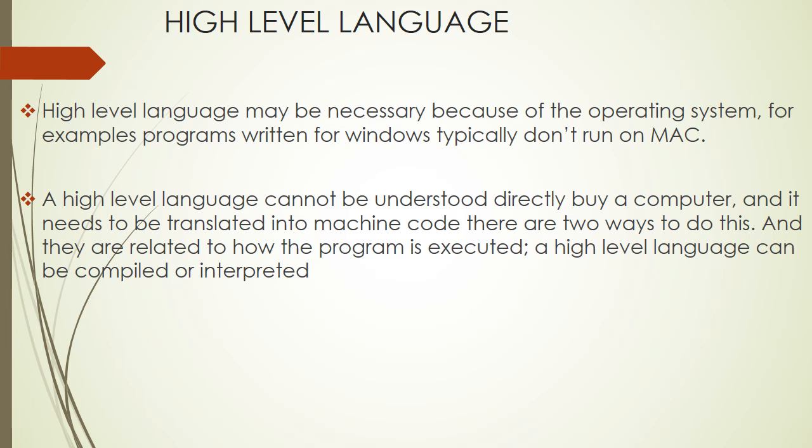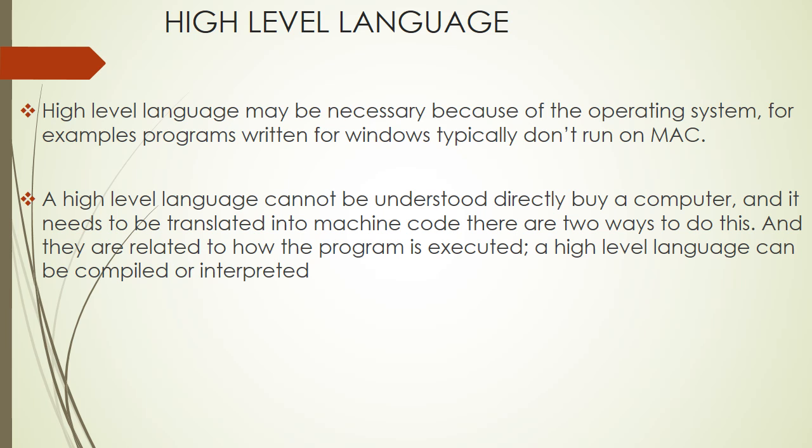High-level language may be necessary because of the operating system. For example, programs written for Windows typically don't run on Mac. Mac and Windows differ in many ways, including hardware compatibility, software availability, and user interfaces.